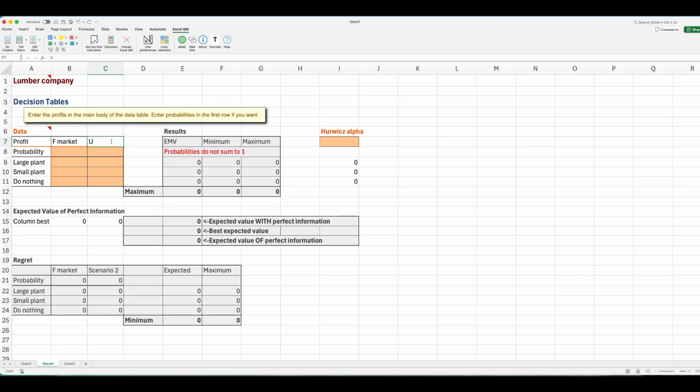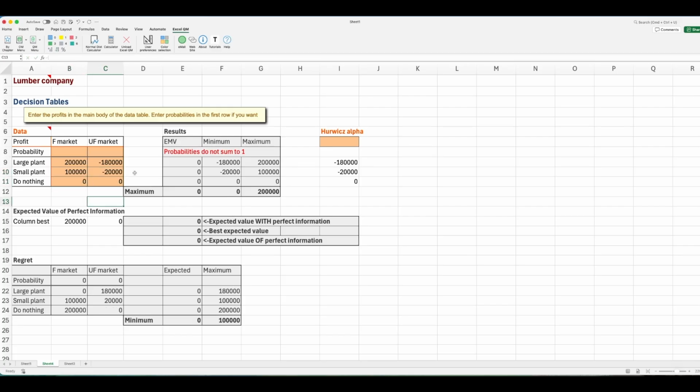Here is unfavorable market. If we build a large plant and it's favorable, I'm going to just copy and paste the numbers from the example here. This is minus 180,000. This is $1,000. This is minus 20,000, 0 and 0.